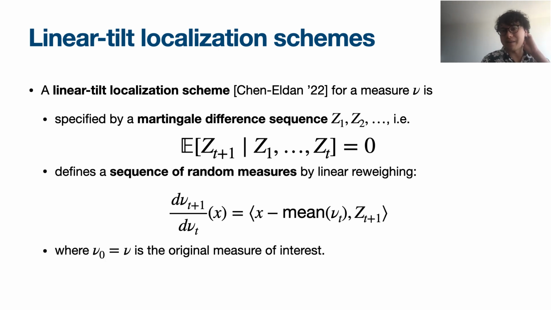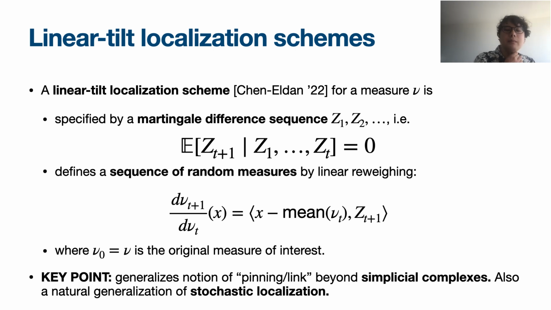Being a martingale difference also guarantees that the sequence of random measures is a martingale. Sorry, that's actually where the difference property is used. When you take the average over x, the x and the mean cancel, so that's why it stays mass 1.